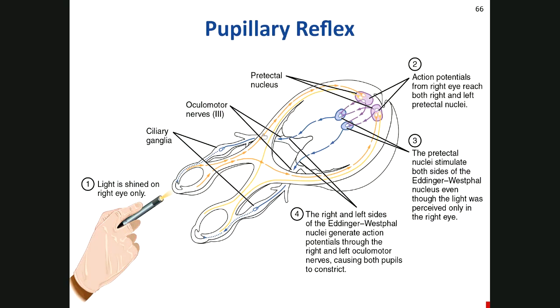As you see here, it passes through the optic chiasm and goes to the other side too. So you see that this information is divided into right and left side. They move to the right and left pretectal nuclei which we have in our brain, and the decision is contraction of the pupil, and this decision can move, as you see here, to the right and left eye. So you can see the result in both eyes.